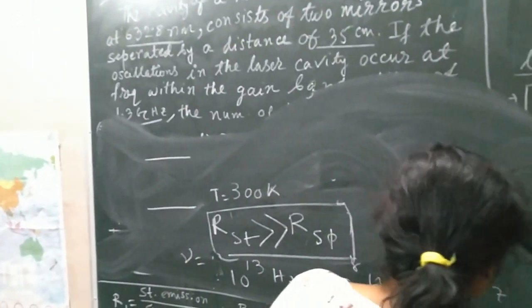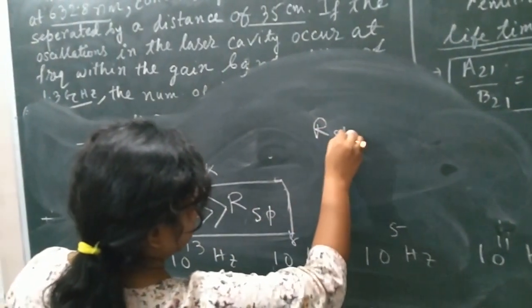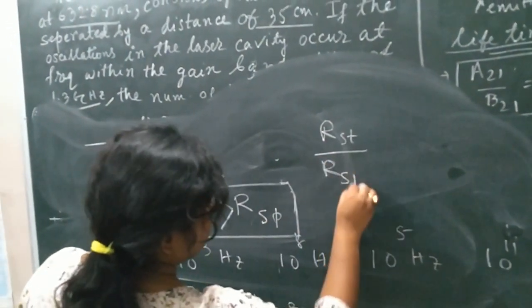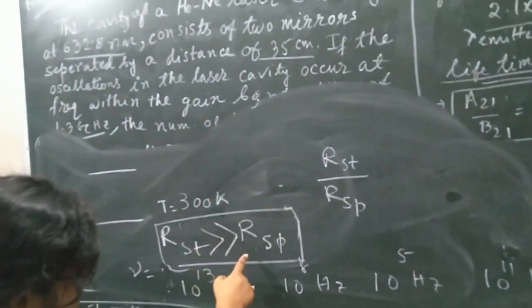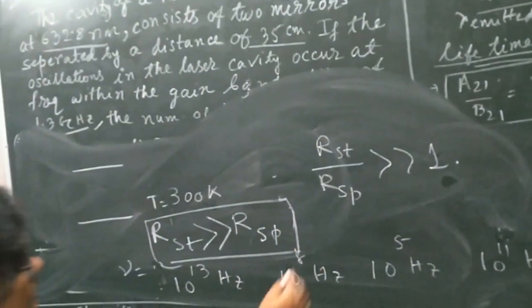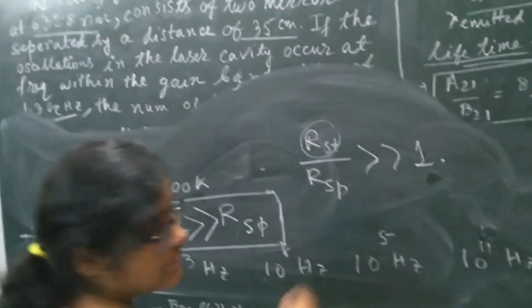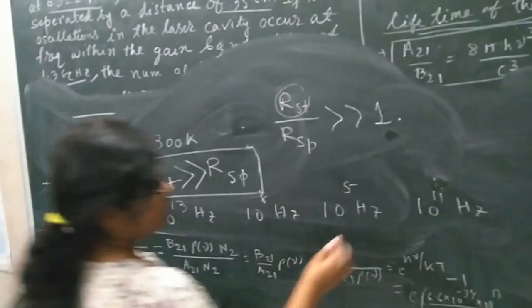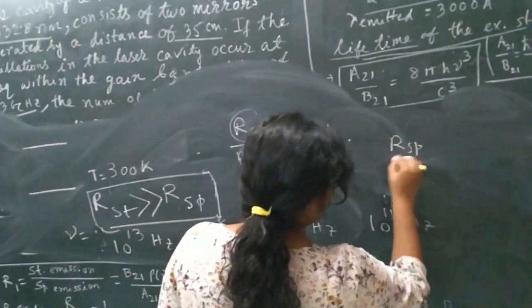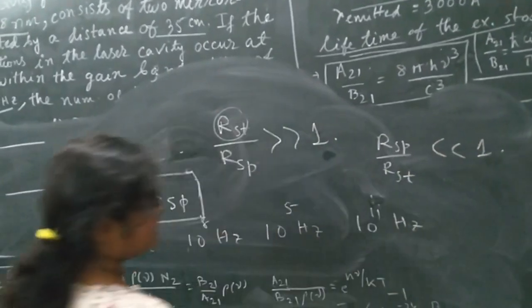You have to understand what they are trying to say: if you somehow get RST by RSP, it should be greater than 1. Or you can write it as the spontaneous rate by the stimulated rate should be less than 1.